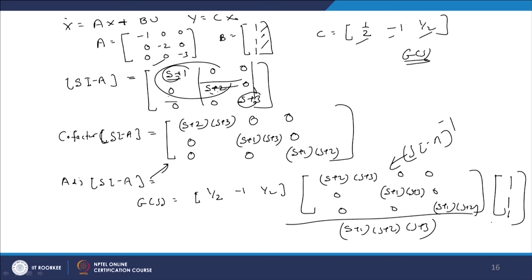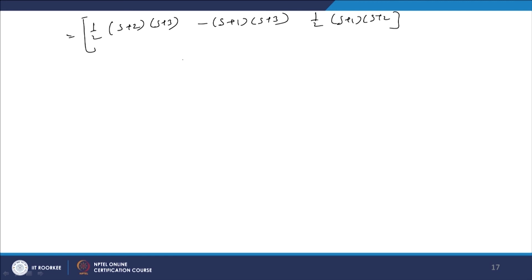Now first of all, we multiply this with respect to this matrix. So you will get 1 by 2 into S plus 2, S plus 3, then the other element minus S plus 1, S plus 3, and here 1 by 2 into S plus 1, S plus 2, divided by S plus 1, S plus 2, S plus 3.